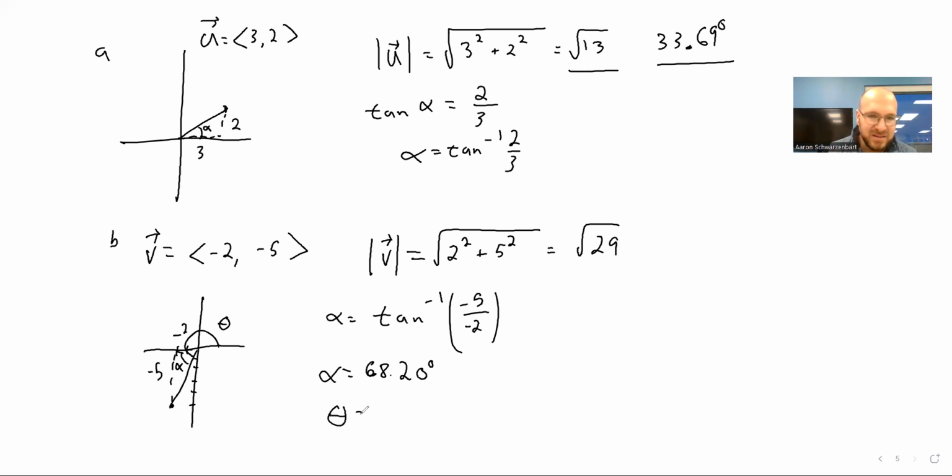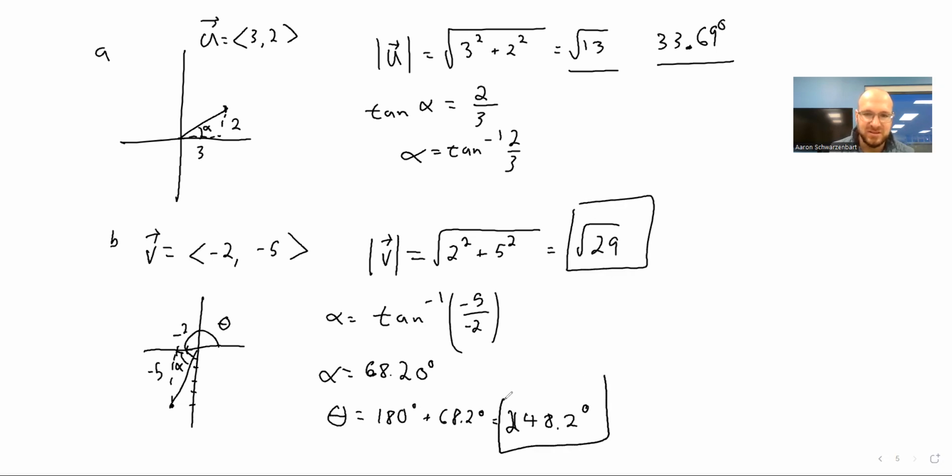Theta is 180 degrees plus 68.2 degrees, which is 248.2 degrees. So magnitude, direction. They will usually probably write this off the positive x-axis.